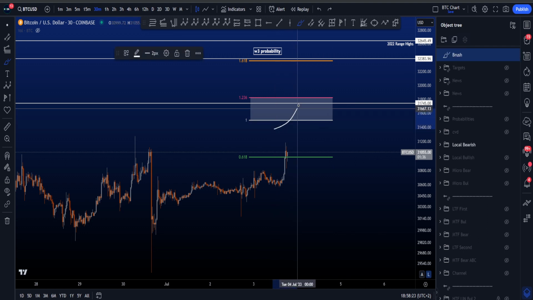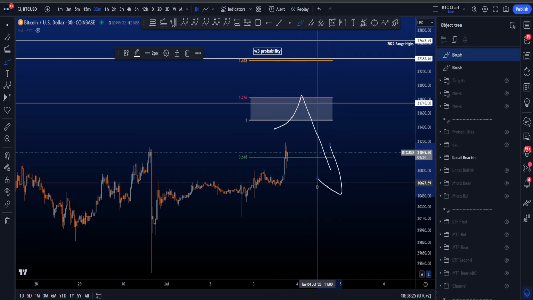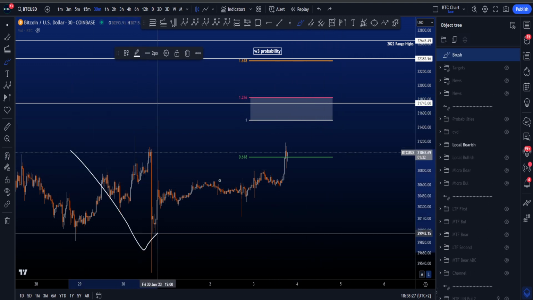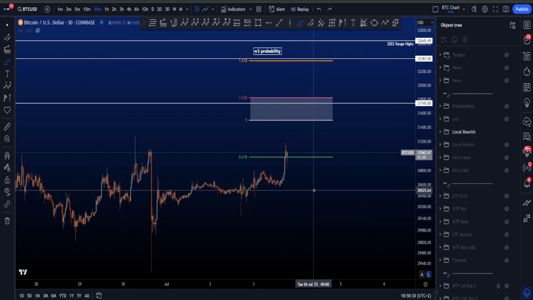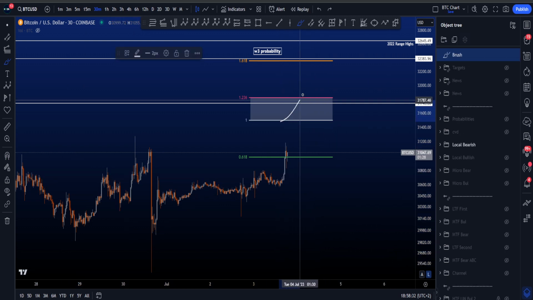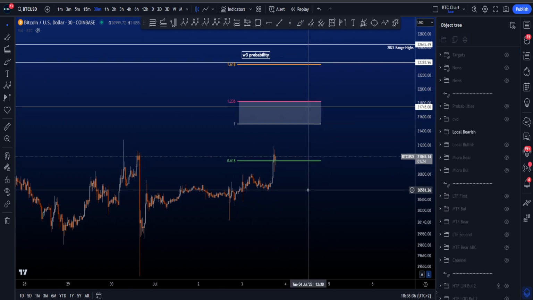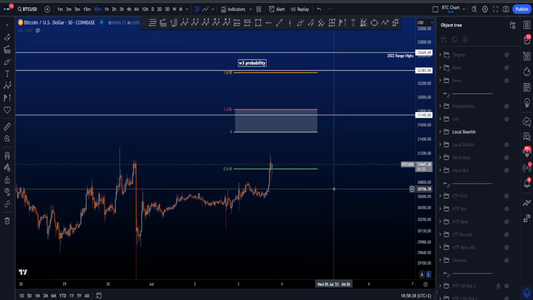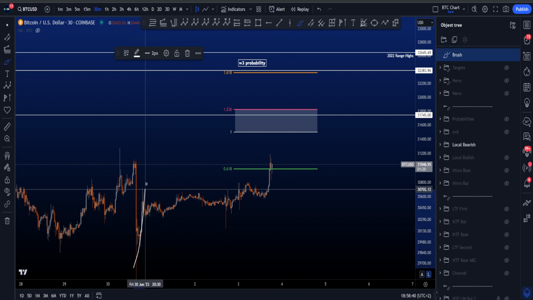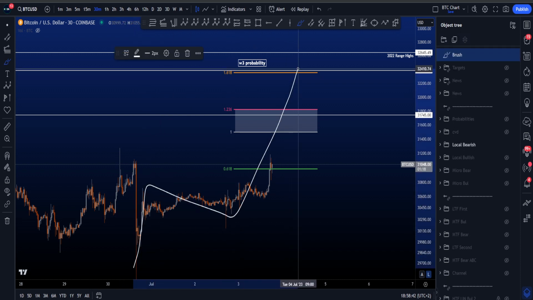So if price is going to take this high and move down, the bearish scenario for a potential WXY is on the cards. However, if price is going to continue pushing, reaching the 1.618, now the 1.618 is a common target for a wave 3 in potentially a 1, 2, 3, 4, 5.